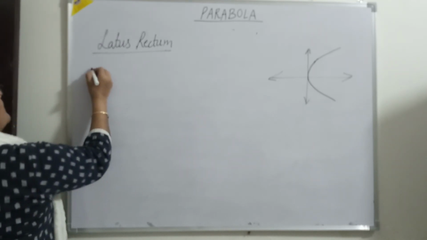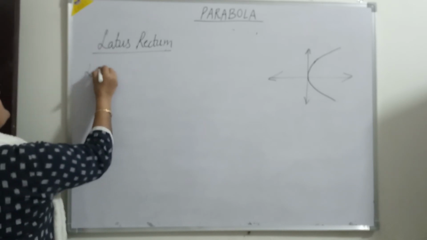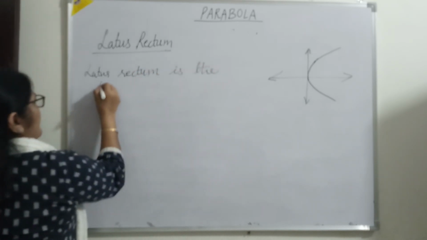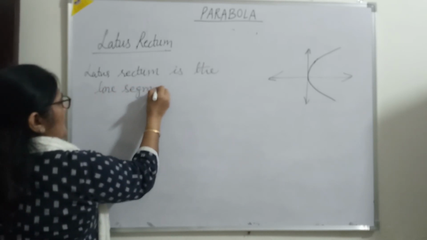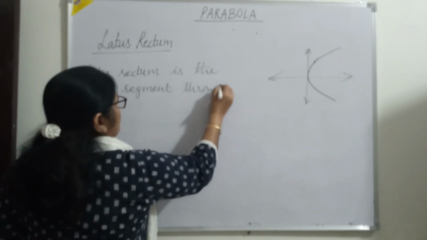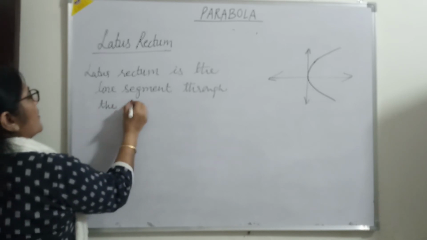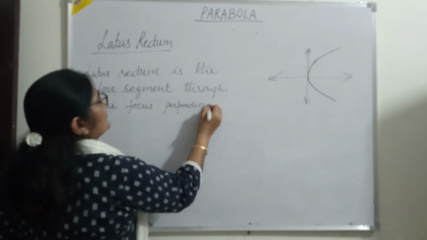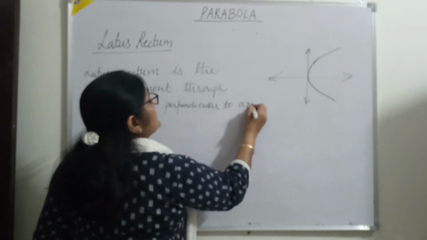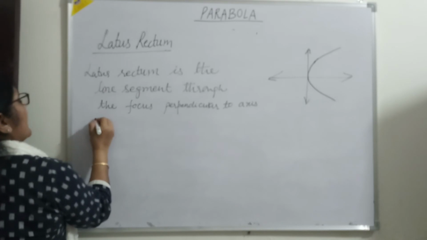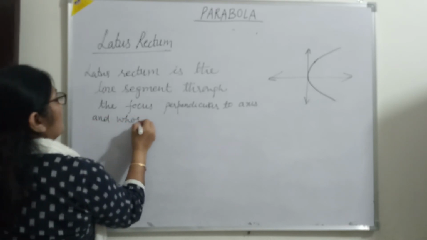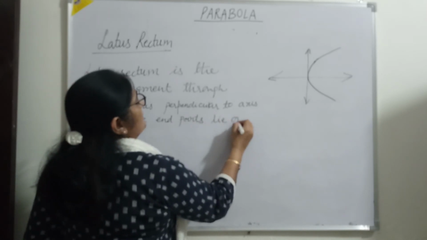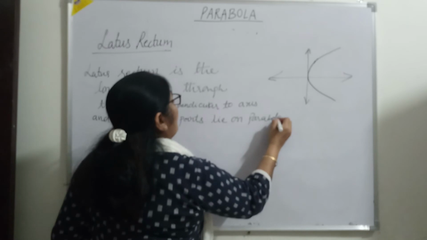The latus rectum is the line segment through the focus, perpendicular to the axis, whose endpoints lie on the parabola. This is the definition of the latus rectum.